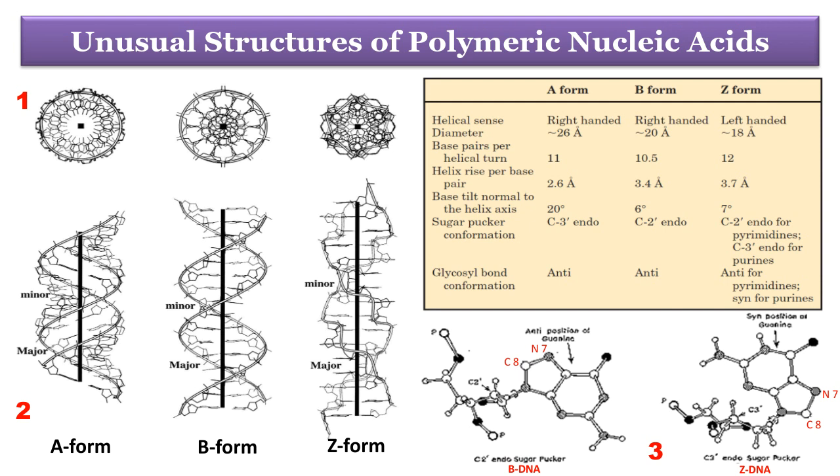Prominent examples are sequences in which pyrimidine bases alternate with purine bases, especially alternating cytosine and guanine or 5-methyl cytosine and guanine residues. To form the left-handed helix in Z DNA, the purine residues flip to the syn conformation, alternating with pyrimidines in the anti-conformation. We are going to discuss this syn and anti-conformation in the next slide.